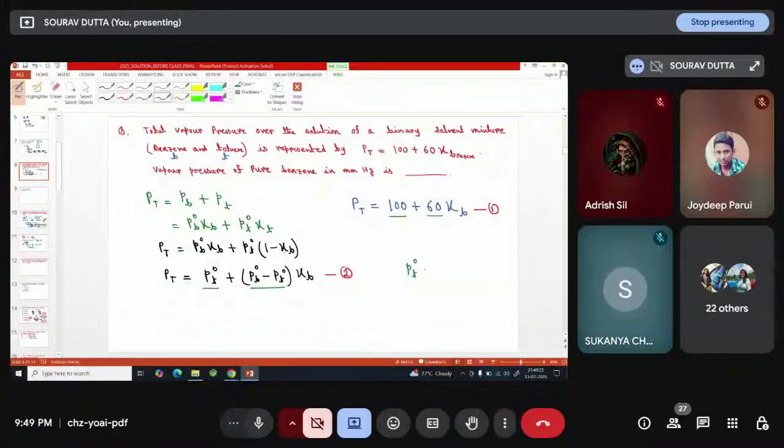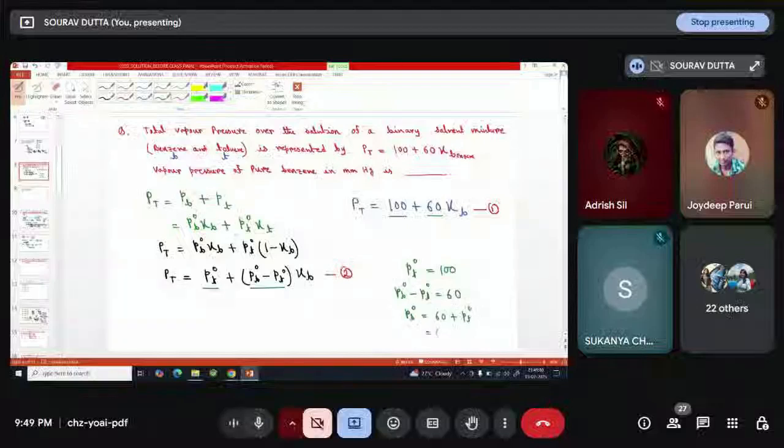PT naught means the vapor pressure of toluene in pure state, it is 100, but our question is about pure benzene. So PB naught minus PT naught equals 60. So your PB naught, the vapor pressure of benzene, is 60 plus PT naught, that is 100. So 60 plus 100 equals 160 mmHg.